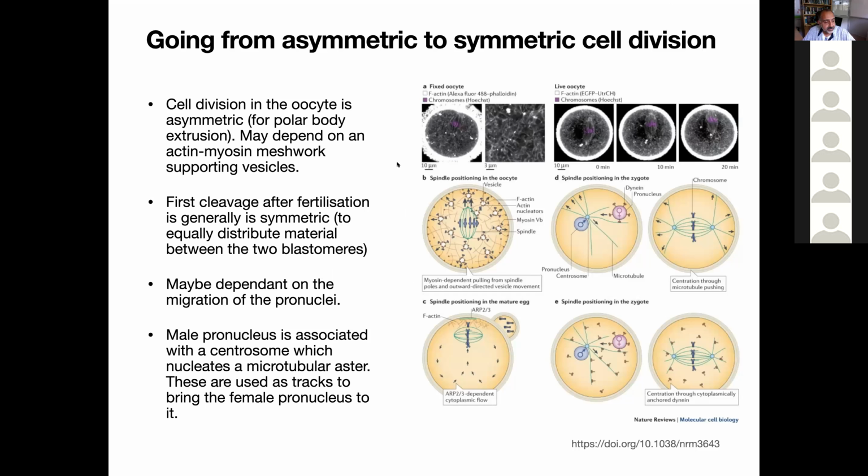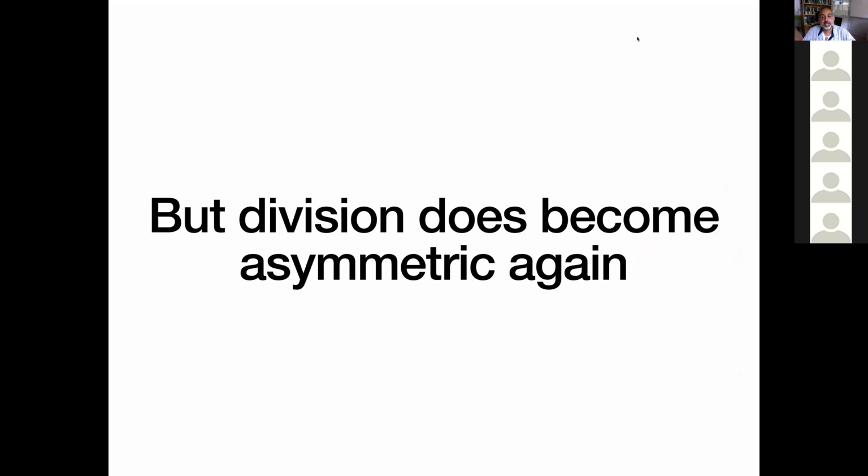So this is the fertilization process. What happens next is cleavage. And so here I'm talking about the need for going from asymmetric to symmetric cell division. But we need to go back to asymmetric cell division once we start cleaving the embryo.